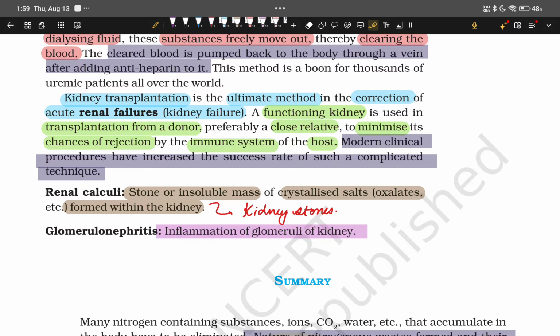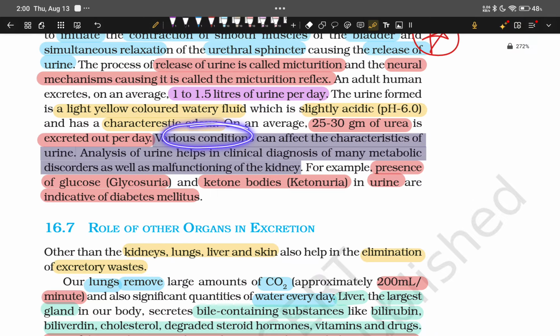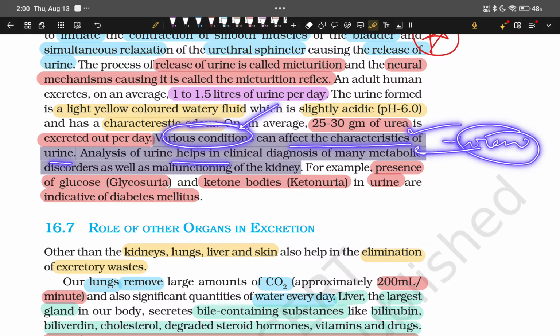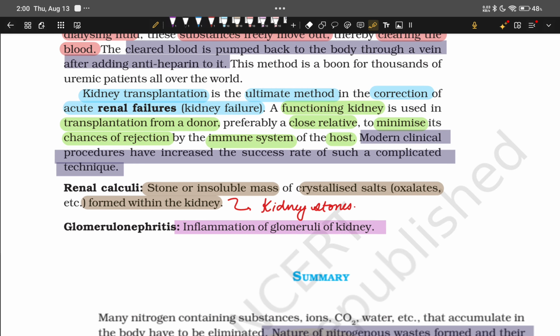If there is a condition like a kidney stone in the person, that will affect the urine, which means the urine will also have blood in it. And once urine has blood in it, then clinically we can analyze the urine first, and then diagnose that the person will have renal calculi or kidney stones.